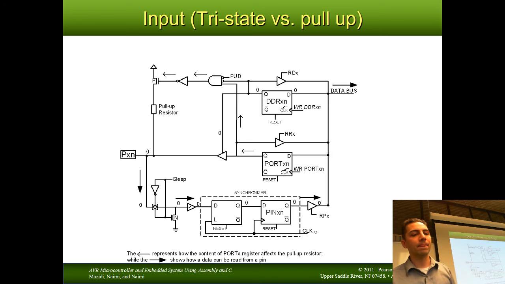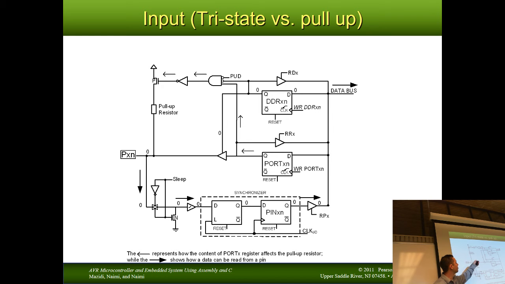Okay. Let's also look at input sections now. So now, on the data direction register, we've got a 0. Whatever is on the port register comes up to this here. By the way, this little arrow represents how the contents are going from port to the pull-up resistor.